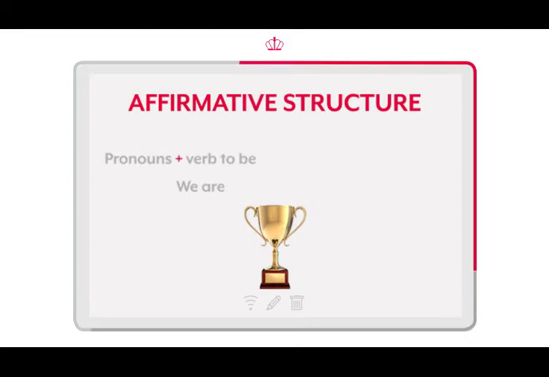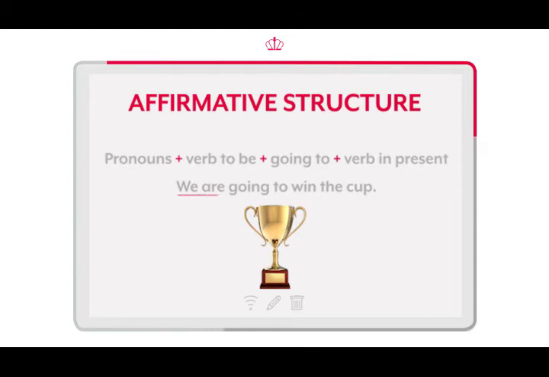Veamos la estructura. As usual, first we have the pronouns. Then we add the verb to be in its present form, followed by going to, and then the verb. Iniciamos con los pronombres. Después agregamos el verbo to be en presente, seguido del going to y el verbo.